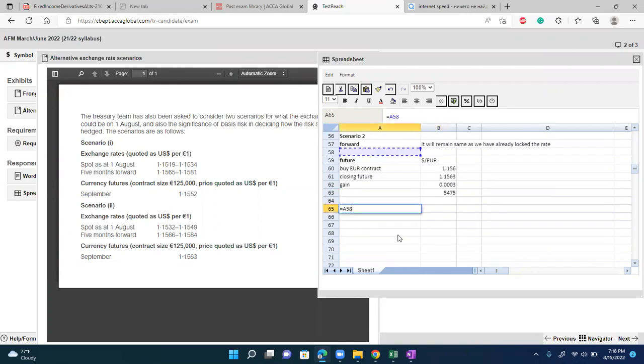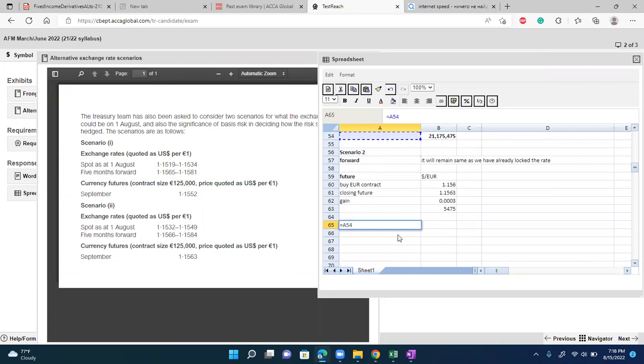The rest is the same. You will buy euro from the market, that is 18,250 into the market rate. The market rate is 1.1549.